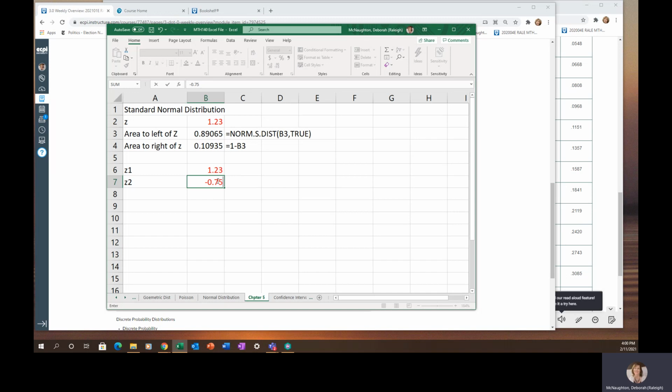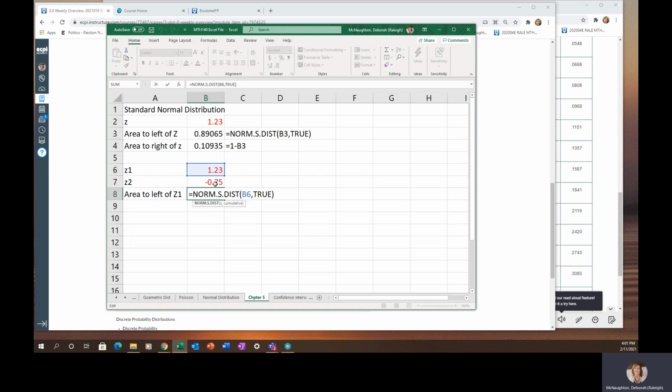And now I can do the area to the left of z. Right, so that's the area to the left of z1. And this one should be B6.